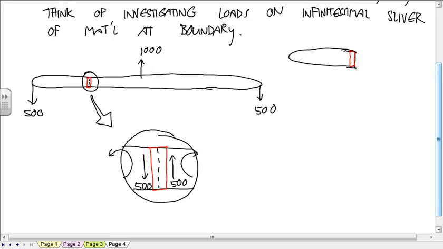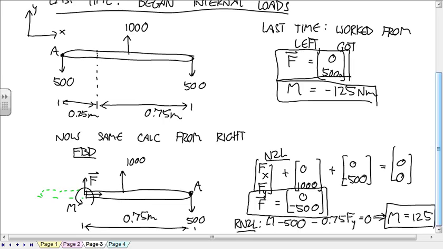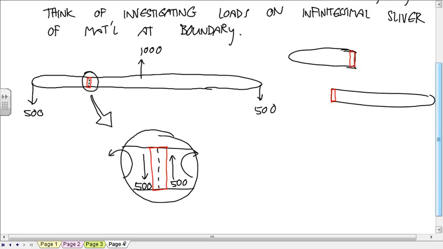And when we investigate from the other direction, there's the sliver. We're looking at the loads over here. So the first way we did it gave us 125, negative 125. So direction is clockwise. Clockwise. Yeah.